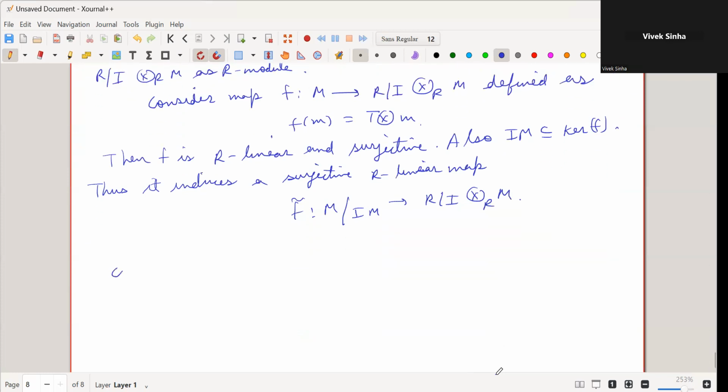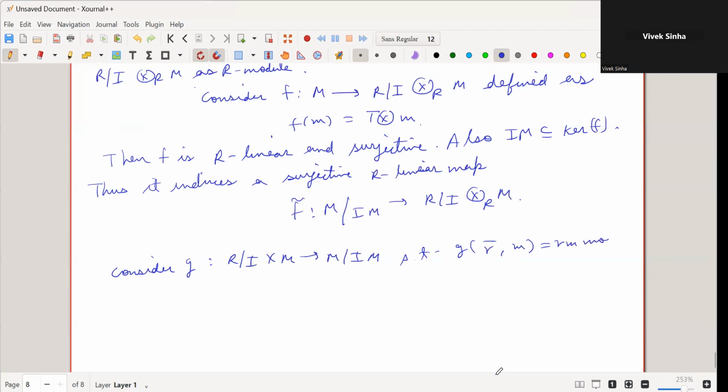Now one has to consider another map. Here we consider a map G from R/I cross M modulo IM, such that G of (r-bar, m) is just rm modulo IM.